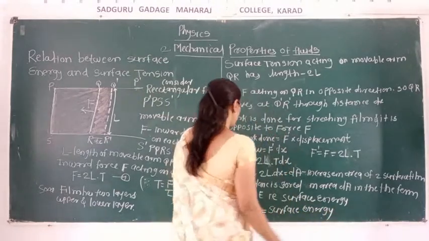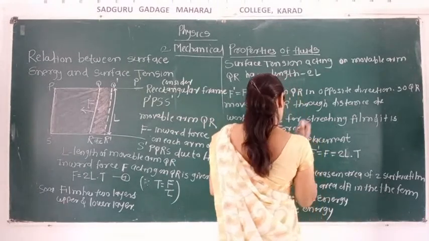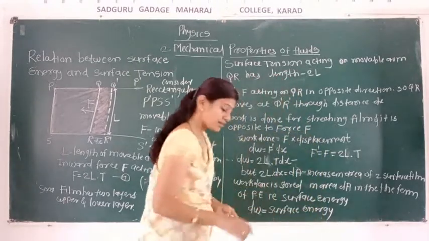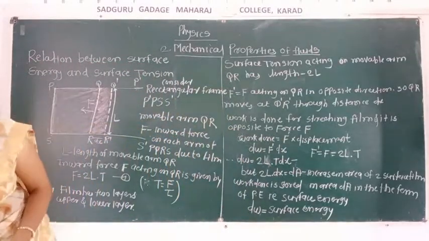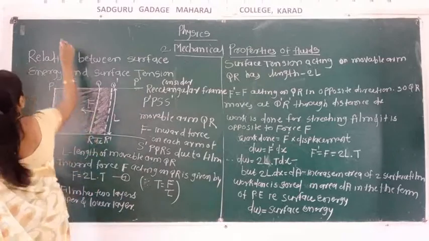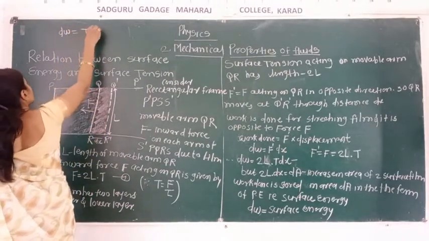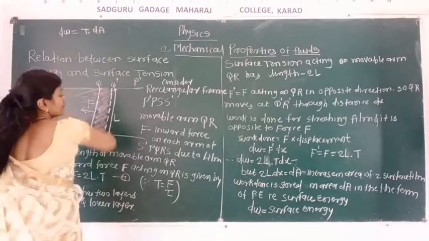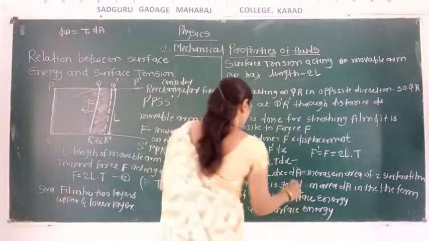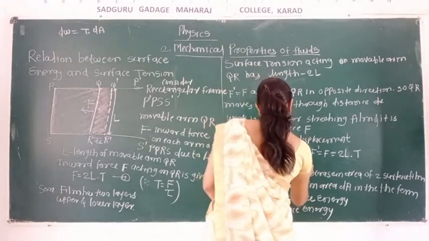So that equation number, here the equation is going to change in such a way. Here we have to put the two values. First of all, dW is equal to T into dA. Instead of 2L into dx, here we are writing dA. Here we wrote equation number two.